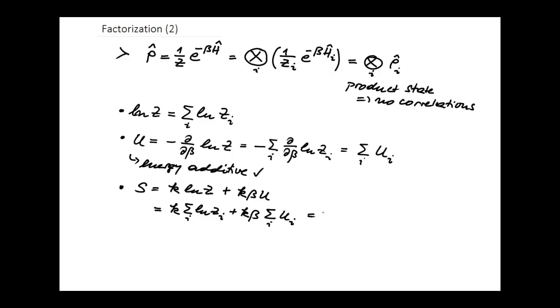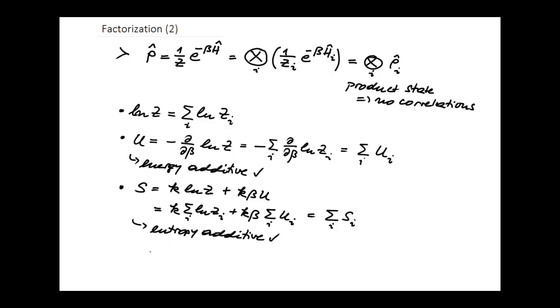And therefore, at the end, you have the sum over all parts of k log Z_i plus k beta U_i, which is just the entropy of that part. So it's the sum of the entropies of the individual parts. So also the entropy is additive.